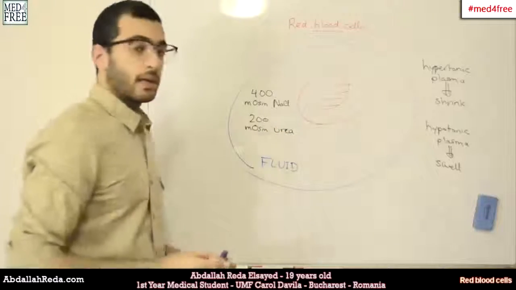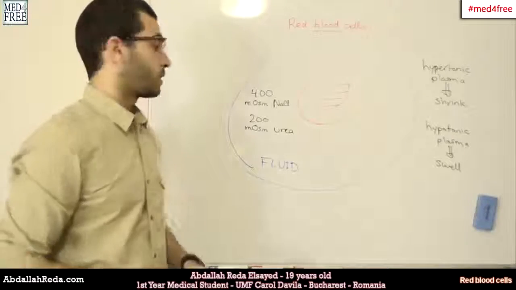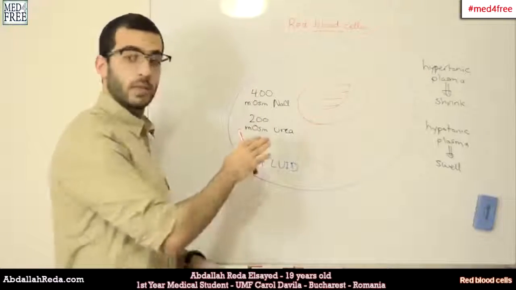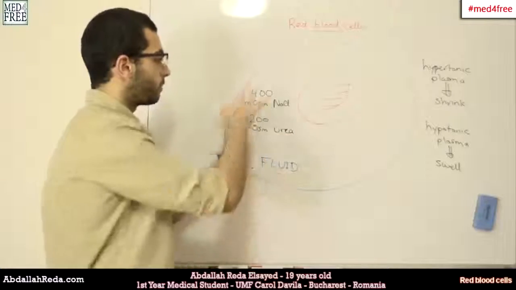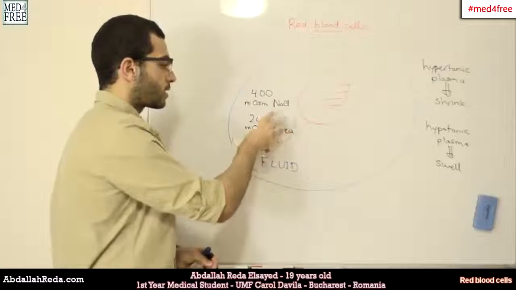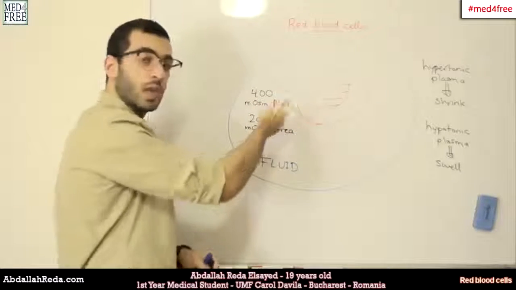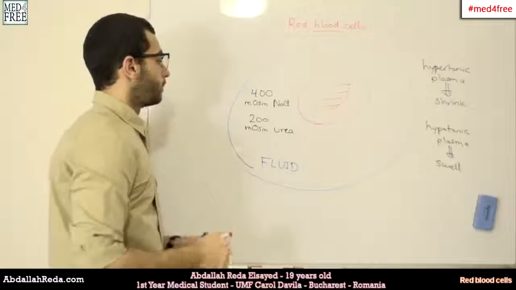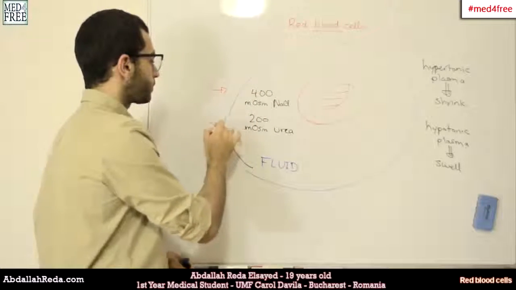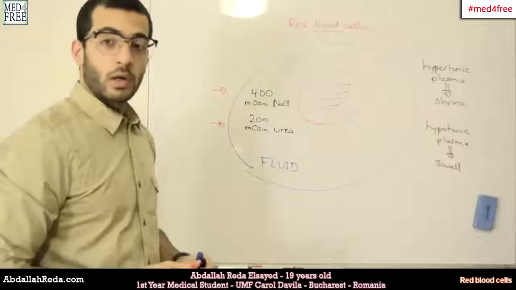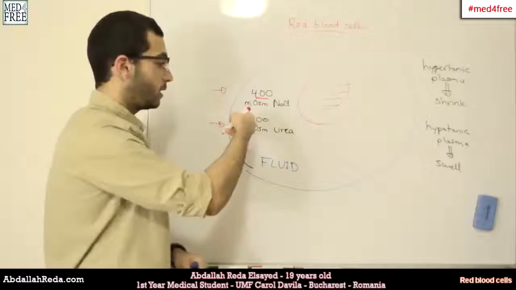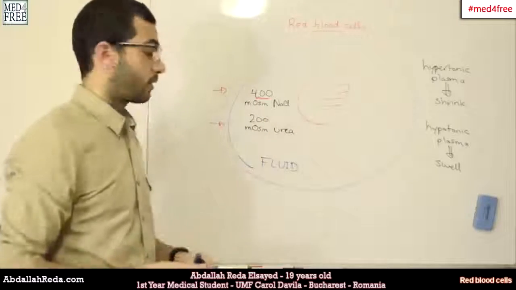Urea is a penetrating substance. This means that it will not stay there. It will penetrate the membranes and it will not stay in this region in order to exchange with the red blood cells. So if I give you these two values, the total osmolarity will still be just 400, not 600. You can't add these together.